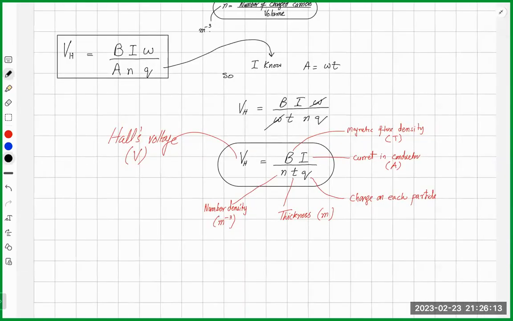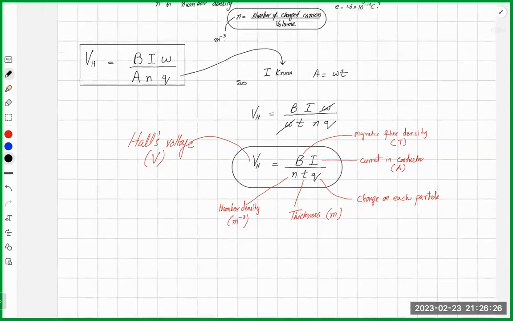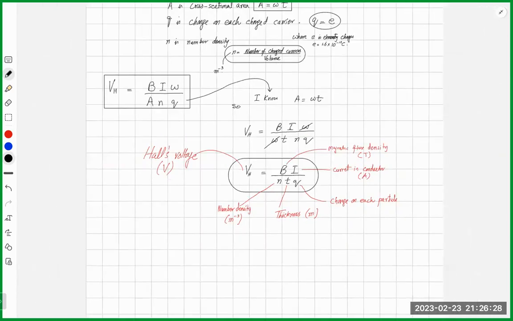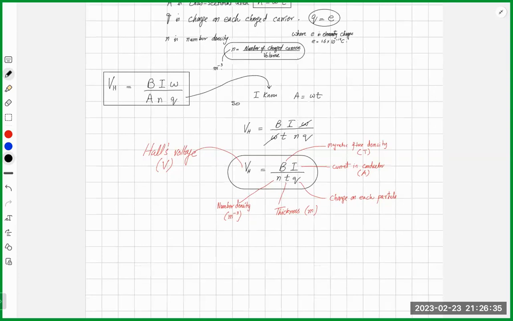To find the field or magnetic flux density at a particular point around a magnet or between a coil or any other place, we need to know how strong a magnetic field is. We use this thing, known as a Hall probe. We just put it in the magnetic field. It will develop a potential difference. We can measure that potential difference and convert it into magnetic flux density.